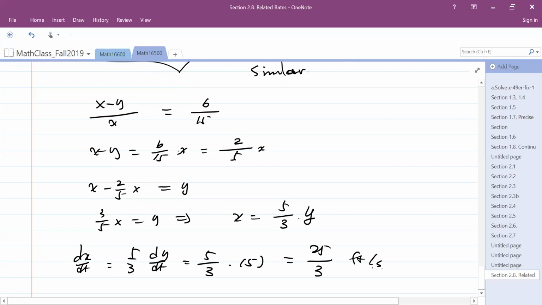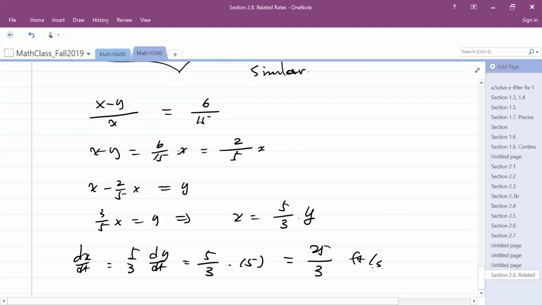Did I use the distance 40 feet? No. It doesn't matter. It's independent of how far you are from the pole. As long as you walk at constant speed away from the pole, the tip of your shadow moves at a constant speed.